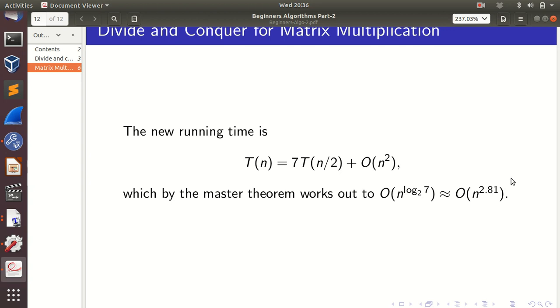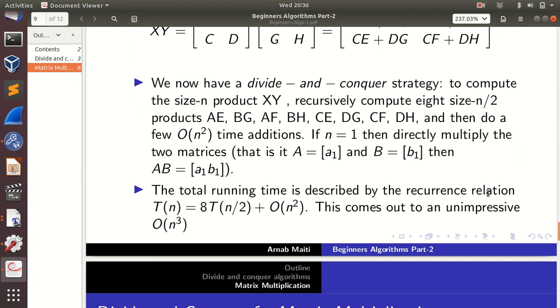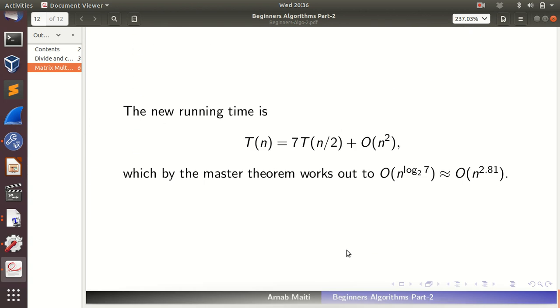Because when we just code on our laptop, those are just small inputs like 3 cross 3, 4 cross 4, it doesn't matter whether you use the n cube algorithm or n to the power 2.81. But real life applications go up to millions of data, so n to the power 2.81 compared to n cube makes a huge difference.